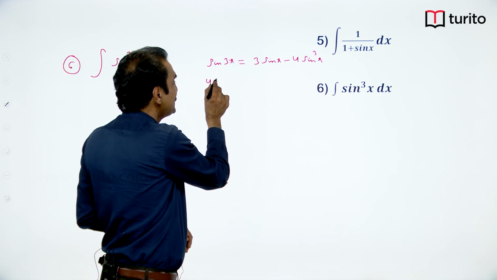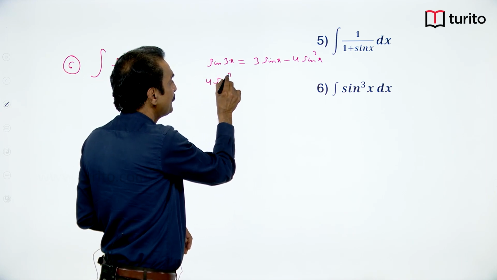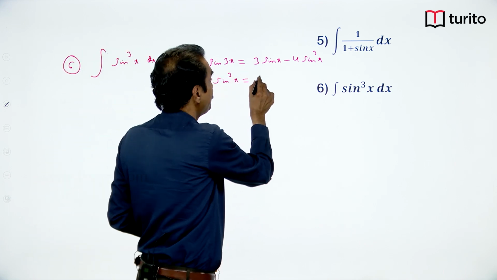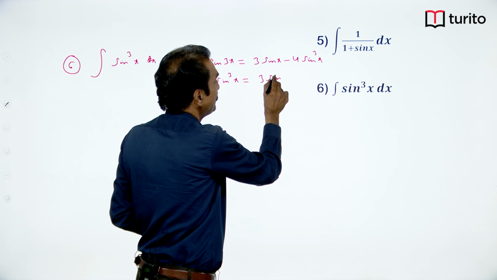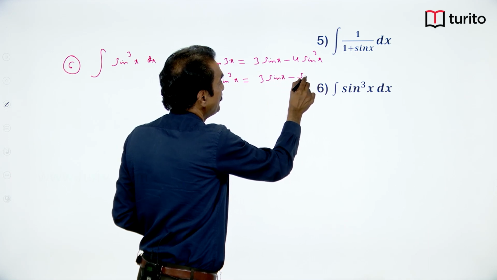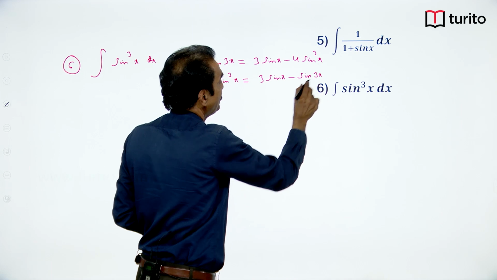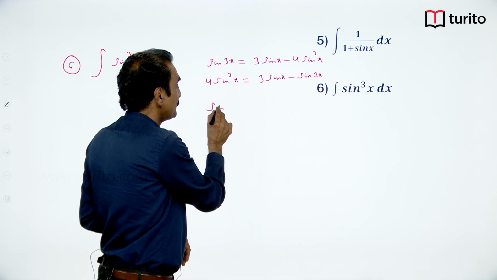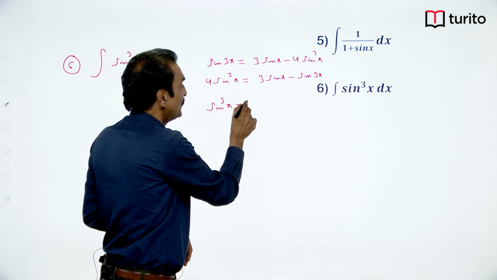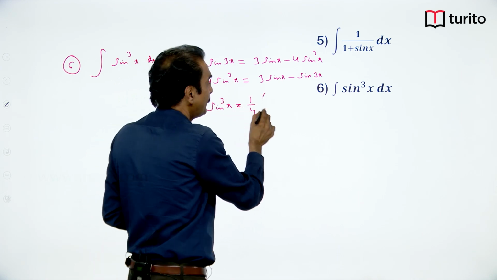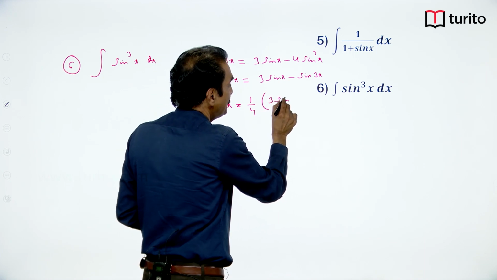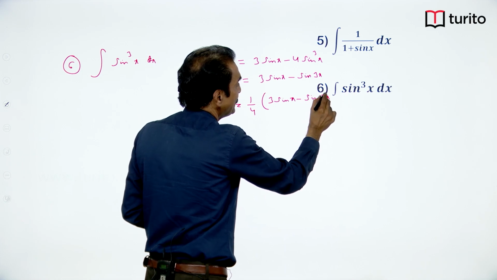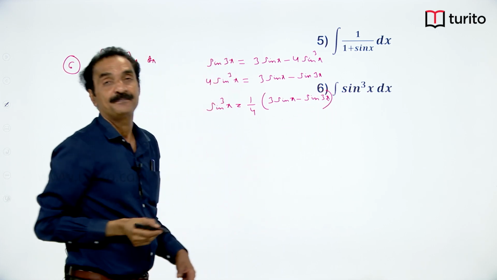4 sin cube x is equal to 3 sin x minus sin 3x, then sin cube x is equal to 1 by 4 into 3 sin x minus sin 3x.